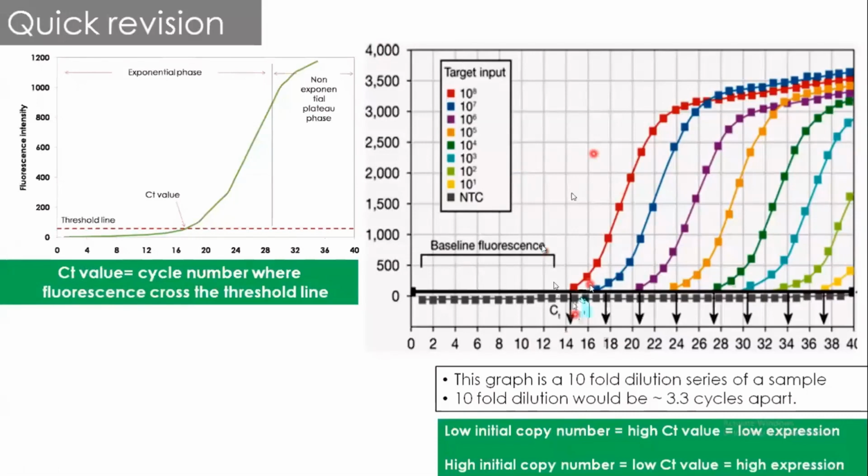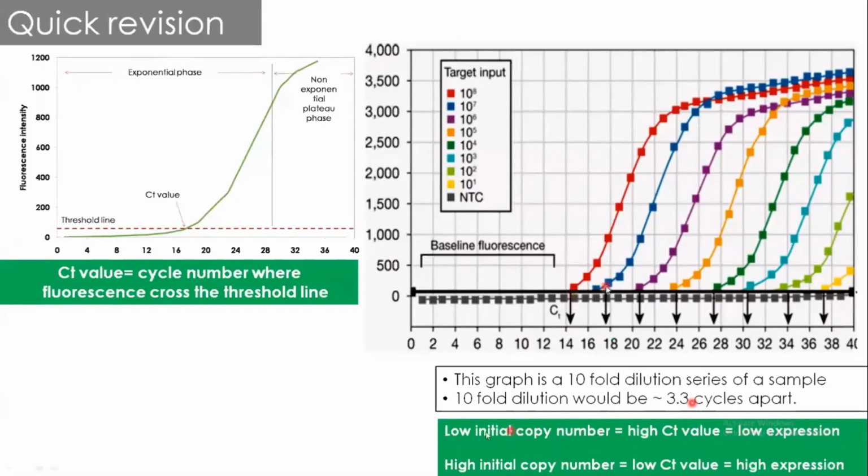It means that the CT value difference between 10-fold dilutions would be 3.3. And if that happens, it means that your PCR is running at 100% efficiency. It means that each cycle is increasing the gene two-fold, right?